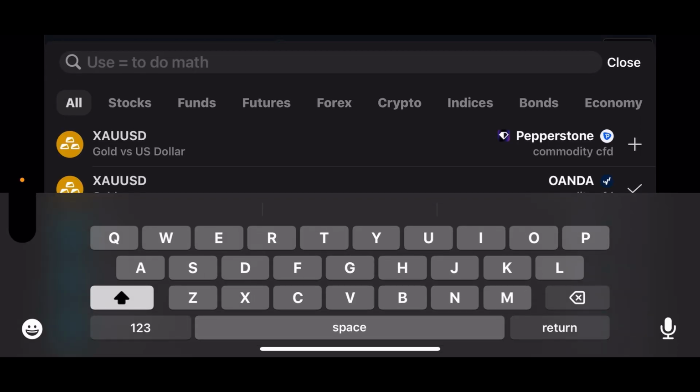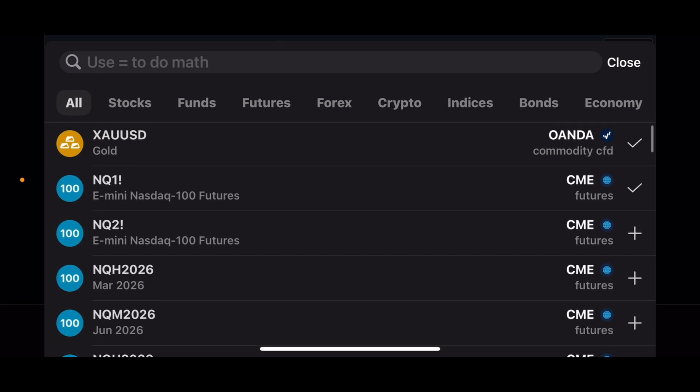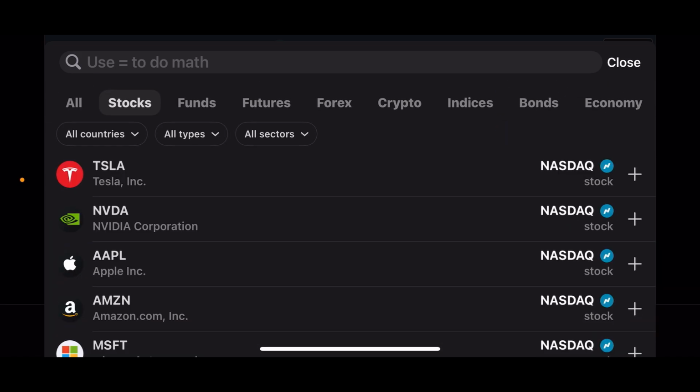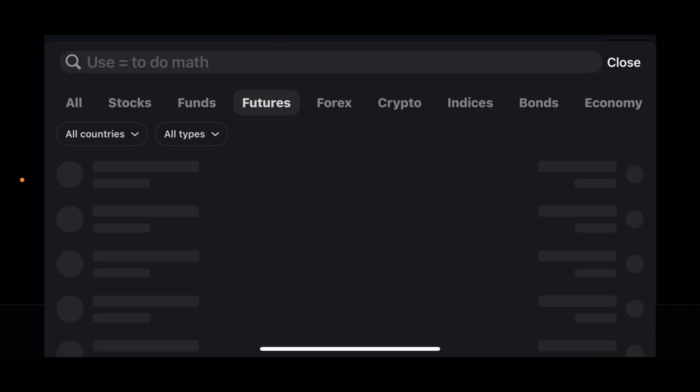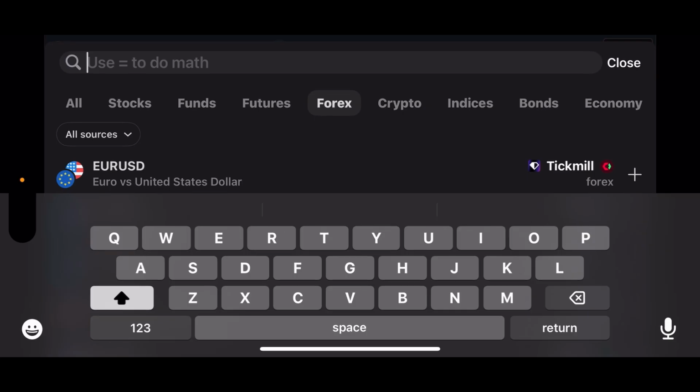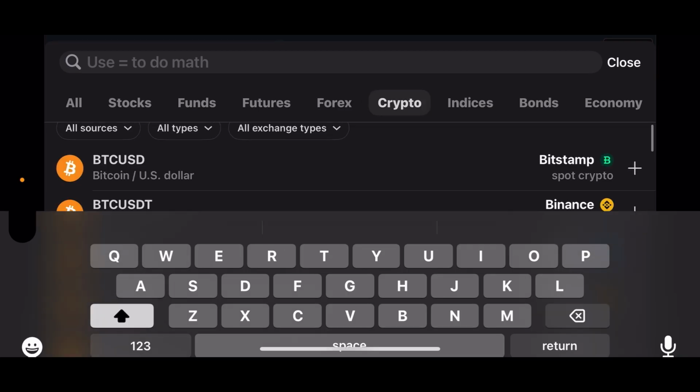The second thing that you're going to need is a platform that you can chart on. TradingView is one of the number one charting platforms in the world. I'll also leave a link below for that.